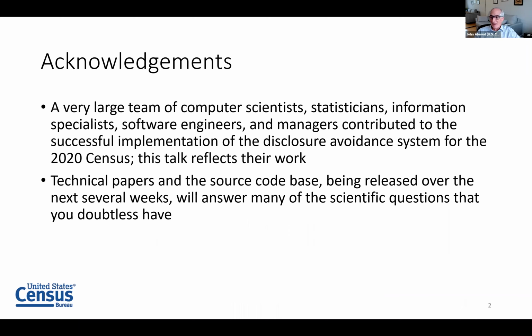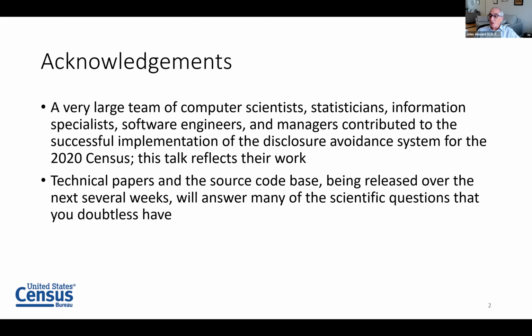First of all, I want to acknowledge a very large team of computer scientists, statisticians, information specialists, software engineers, and managers, well over 200, who contributed materially to the implementation of the new disclosure avoidance system for the 2020 census. And this talk reflects their work.